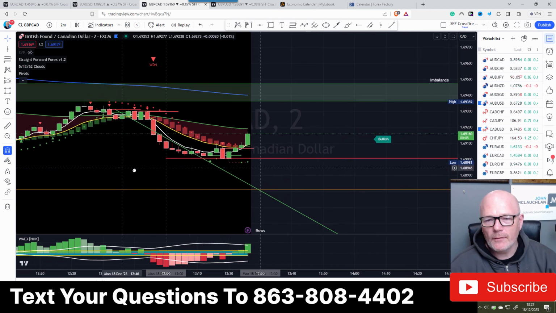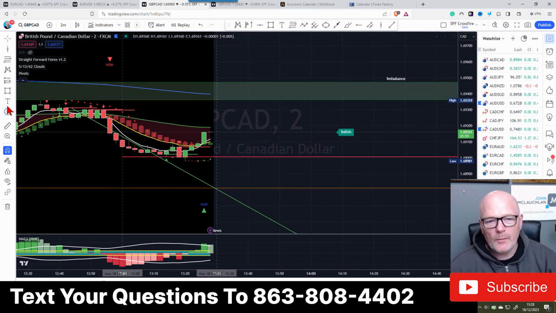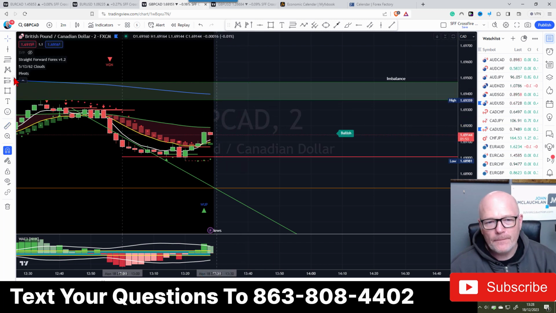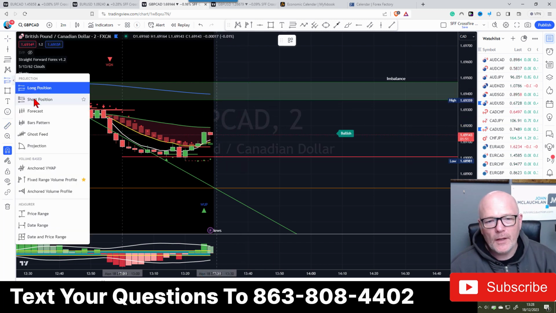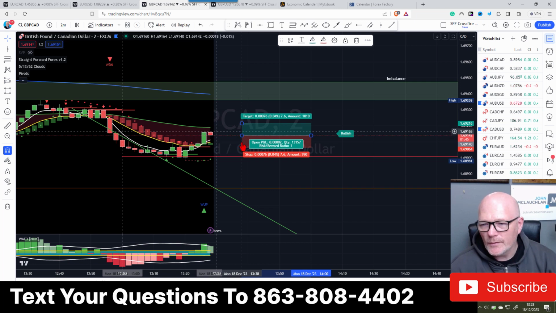If we were to go for a buy, see how our price went up to the imbalance just up here. Potentially, if it can do it, you've got 20 pips to there.